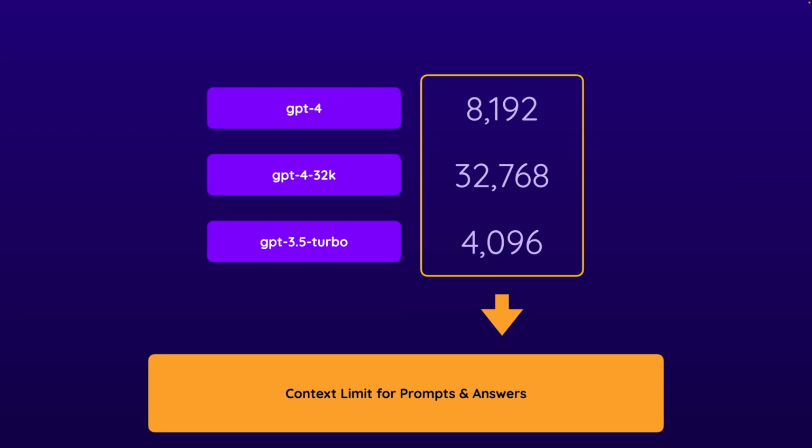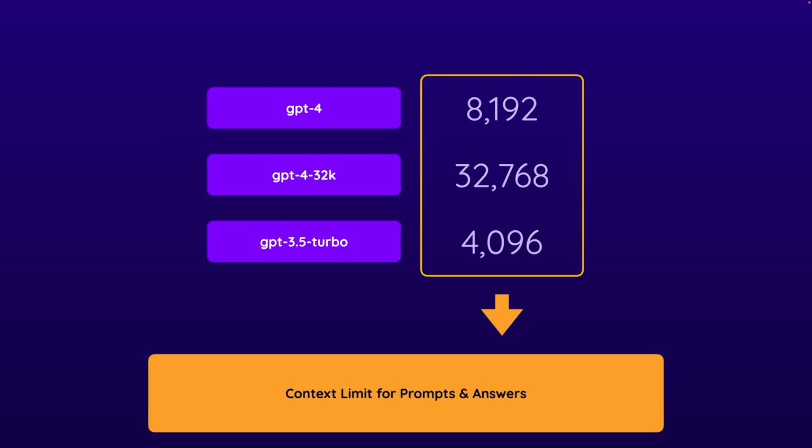So if you build a website with an ongoing chat, after 8,000 tokens for the GPT-4 model, ChatGPT or the API will lose the context for any topics discussed beyond this limit.